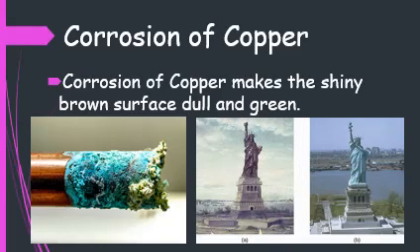Here also, this is the Statue of Liberty, which is made out of copper. Initially it looked shiny, and then after corrosion it became green like this because of the corrosion of copper. So this is how shiny copper articles also become dull green in color after corrosion.